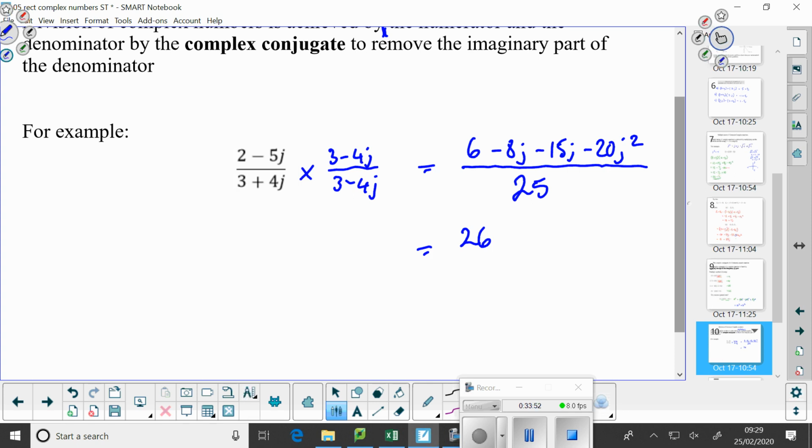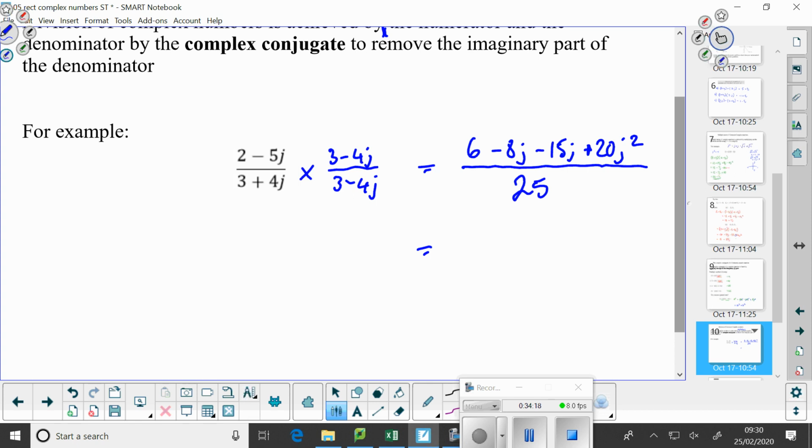Is it not? Hang on. No. Hang on. Minus 5 times minus 4 is plus 20j squared.